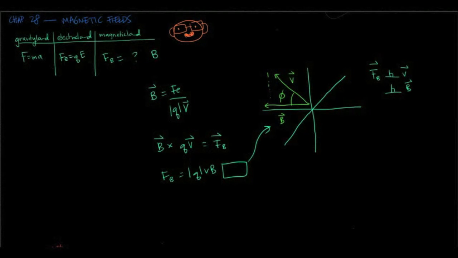So we can basically only use V sine phi. So we're going to put that in here as sine phi, and that's actually your final equation, which is FB equals QVB sine phi.